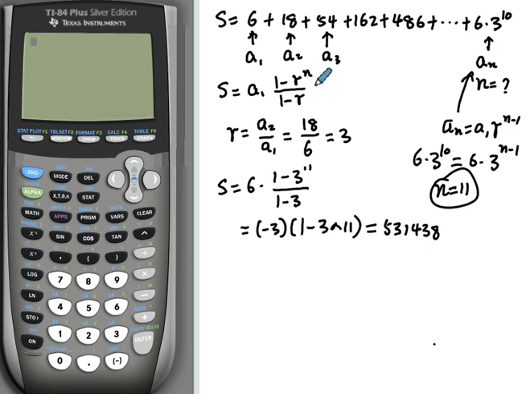Okay, now we have the number of terms n is ready, which is 11. Again, we have r equals 3 is ready, and we have the initial term.